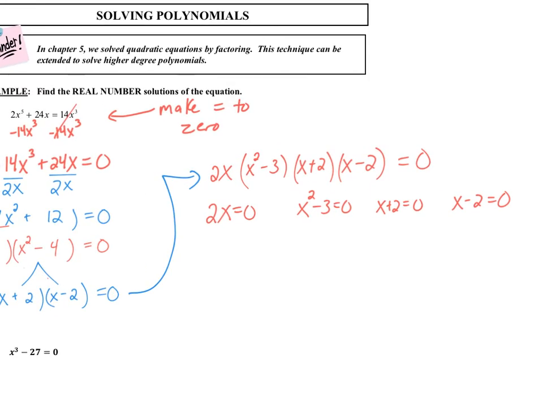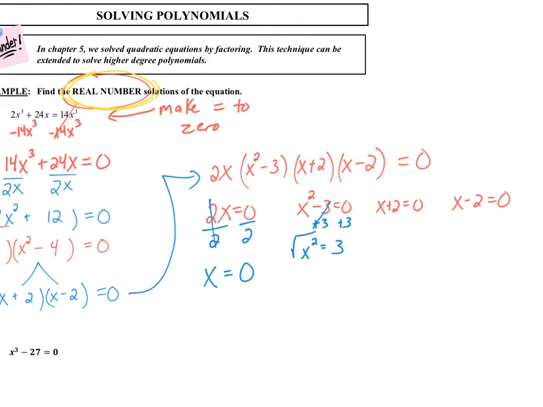And we're trying to find all of the real number solutions. So see which ones actually come out to nice real numbers. So the first one, 2x equals 0. If we divide by 2, x equals 0 divided by 2. 0 divided by 2 is 0. The second one, we would add 3. X squared equals positive 3.